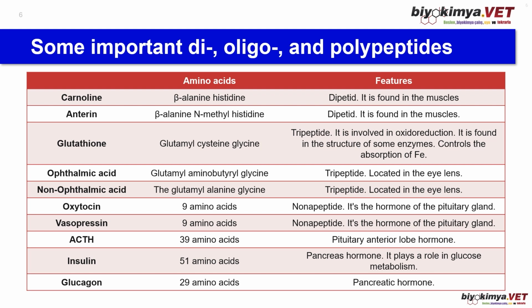And at the extreme end is titin, a component of vertebrate muscle, which has about 27,000 amino acid residues and a molecular weight of about 3 million Daltons. And the vast majority of the naturally occurring proteins are much smaller than this and contain less than 2,000 amino acid residues.